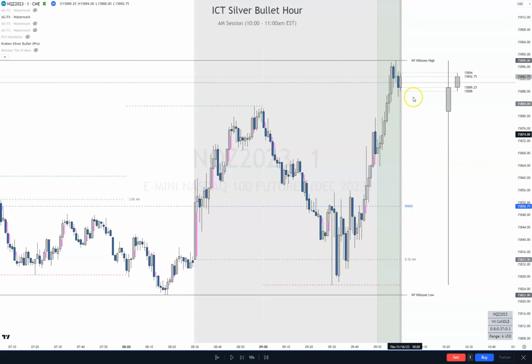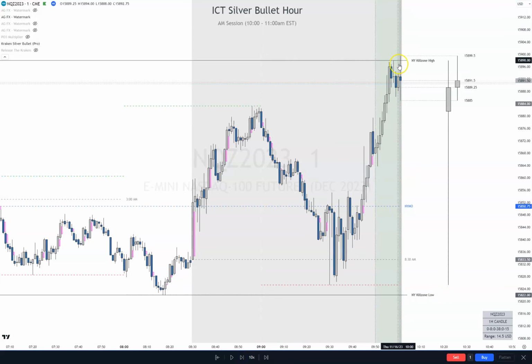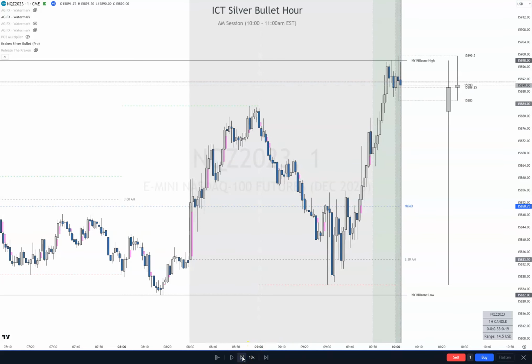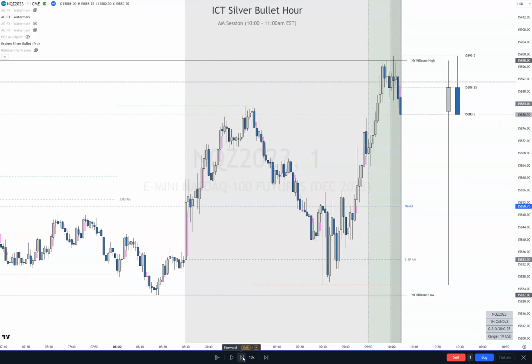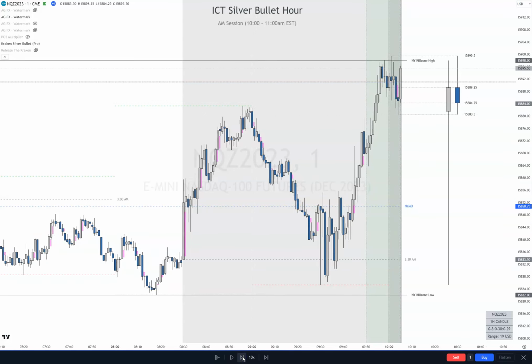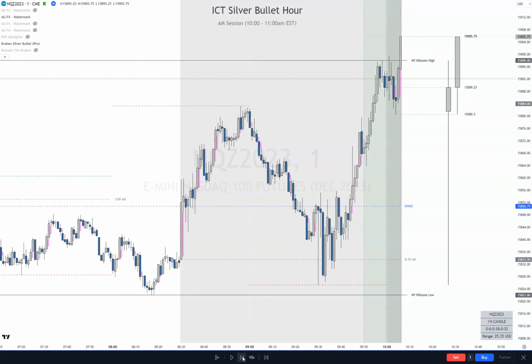All right, let's just see if we take out kill zone high, and then we would aim for the kill zone low. Obviously, we're so close, and we just did right there. There we go.